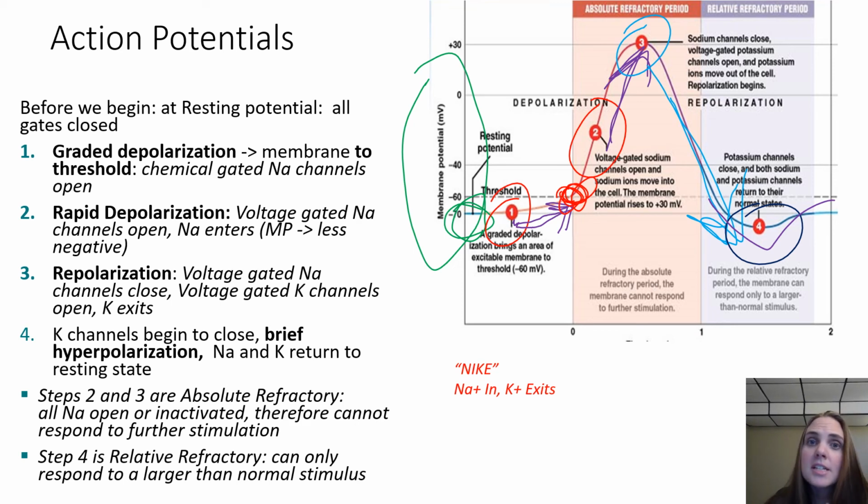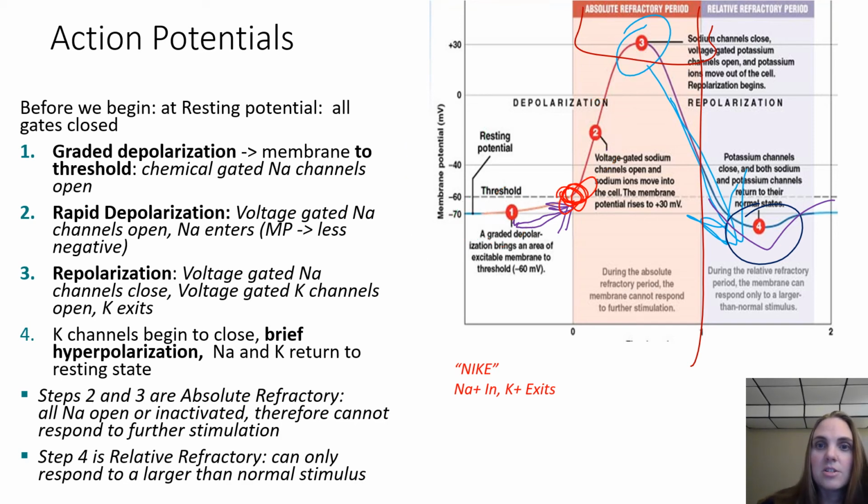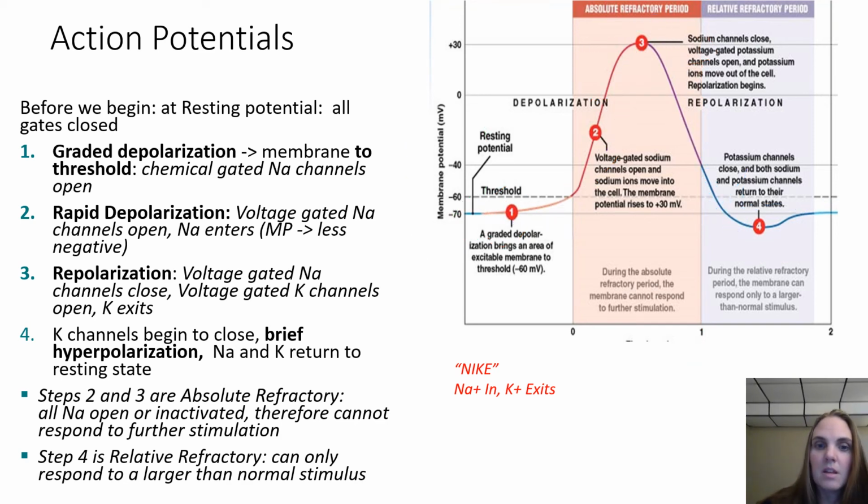Now, note that during stages 2 and 3, this is referred to as our absolute refractory period. It's this kind of red area here. I'm just going to erase some of the stuff I have drawn on here so you can see better. So our absolute refractory period, in stages 2 and 3, means all of our sodium channels are either open or inactivated.